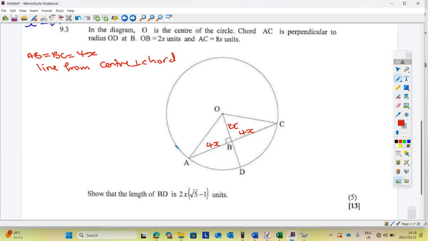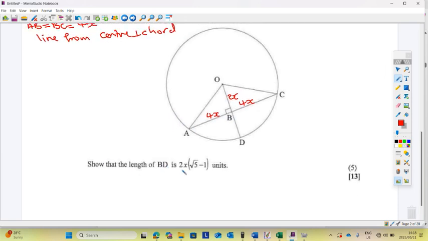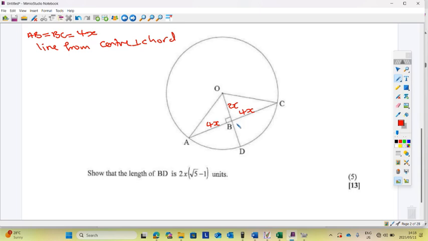Now, what is the question telling us to do? Show that the length of BD is equal to this. Here is our BD. We do not have a way of directly calculating the length of BD, but we can calculate the length of OD here, and OD is radius.